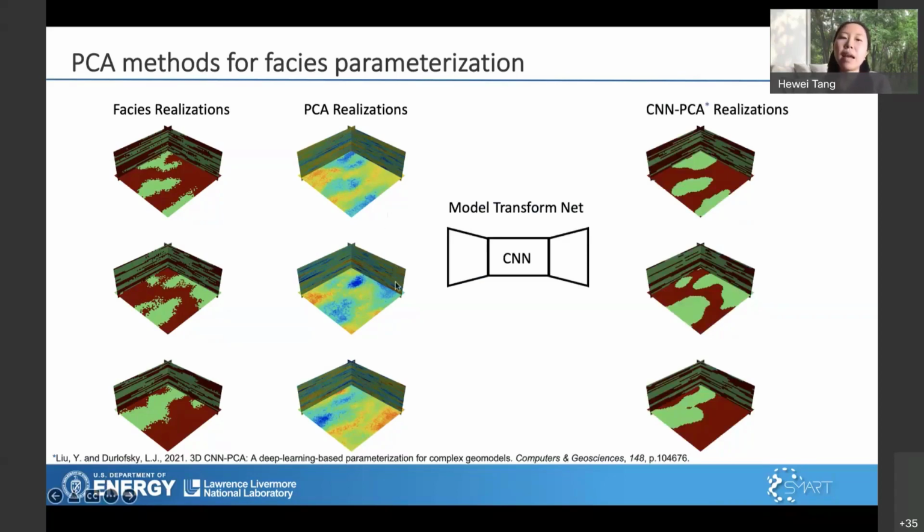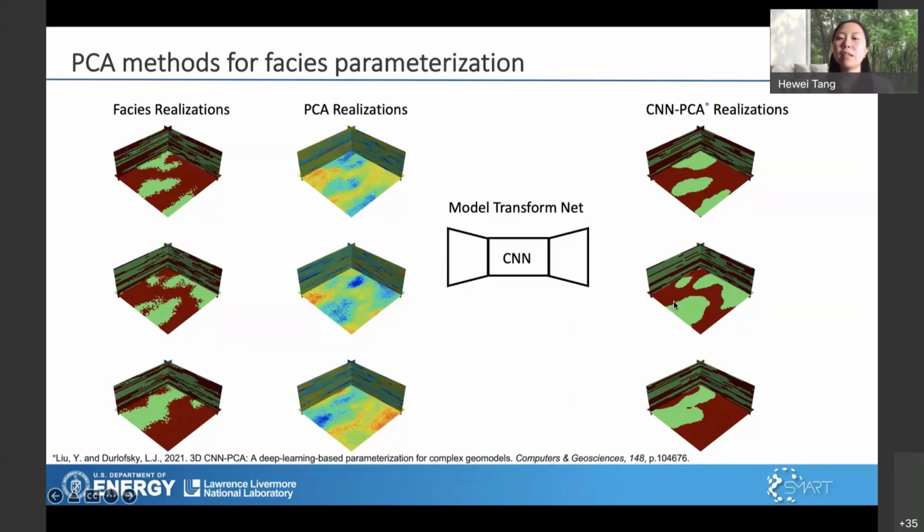The basic idea of this approach is to use a convolutional neural network as a model transform net to post-process the PCA and get the final CNN-PCA realizations that follow the original binary distribution. This model transform net was borrowed from a pre-trained computer vision network, and you can find the details in their previous publication.